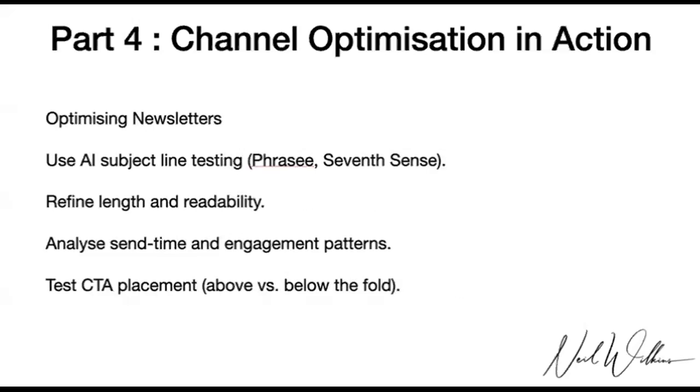If it's optimizing newsletters, what could you do, taking this process through and actually putting it into action? Well, you can use AI subject line testing. There are tools out there which will help you to do that. By going through this optimization, you're going to be able to refine the length and readability of the emails and the newsletters that you send out, because you've probably been doing it by guesswork. I know I have.